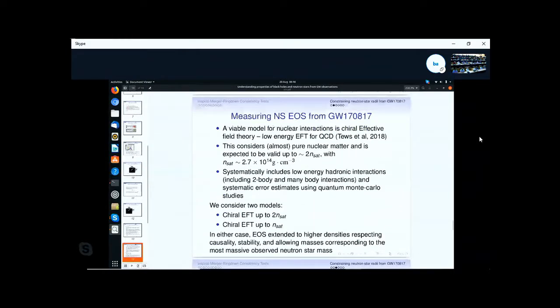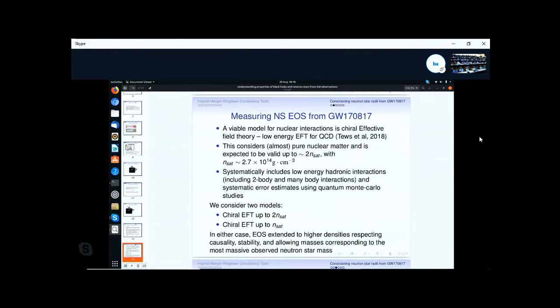So in the next slide, this is a theory that we are actually testing in this study. So we look at an effective field theory for QCD. This is what is called chiral effective field theory. And this is meant to capture the effects of QCD at the energies relevant for, let's say, nuclear physics and for a neutron star.